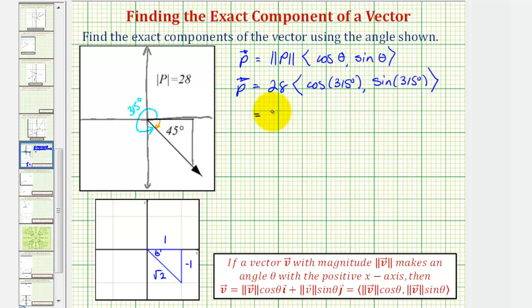So this gives us 28 times the vector with an x-component of 1 divided by square root 2, and a y-component of negative 1 divided by square root 2. Let's go ahead and perform this scalar multiplication. So we'd have 28 over 1 times 1 over square root 2, comma, 28 over 1 times negative 1 over square root 2.